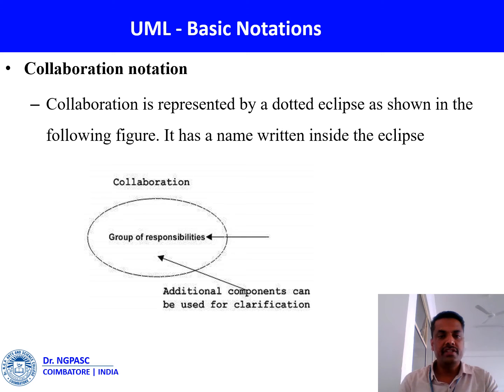The collaboration is represented by a dotted ellipse as shown in the following figure. It has the name written inside the ellipse, and we can enter additional information into the ellipse.